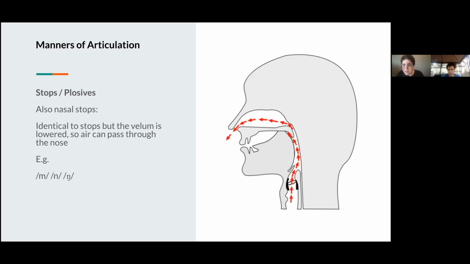All of these sounds are pronounced with the air flowing through your nasal cavity. This is why if you pinch your nose to pronounce m, n, ng, you end up pronouncing b, d, g. If you pinch your nose, air can no longer flow through your nose, so you can't pronounce those sounds.